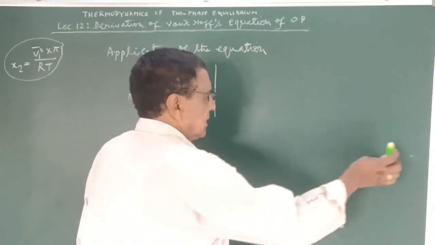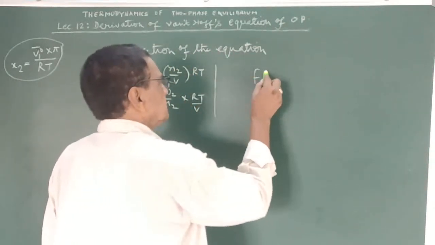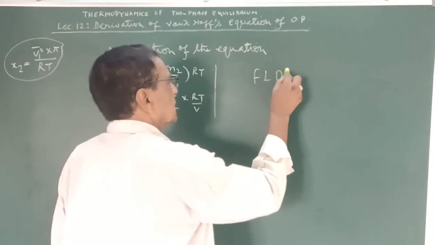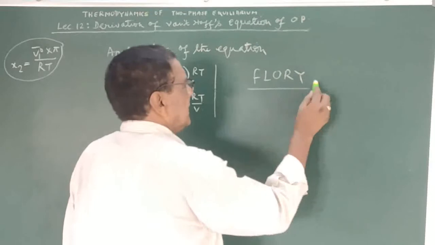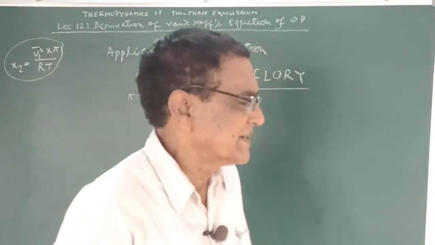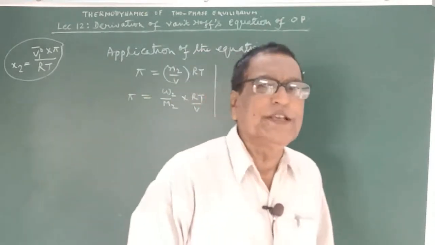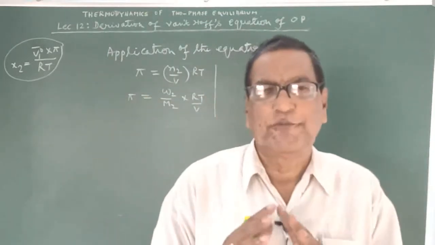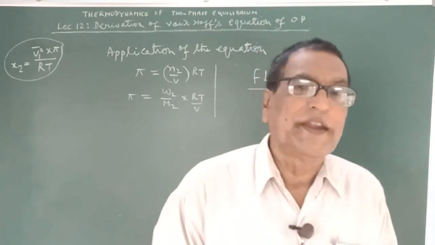The polymer scientist Flory received the Nobel Prize for his work on polymers, and Flory proposed a virial equation for these polymer solutions, which behave as non-ideal.